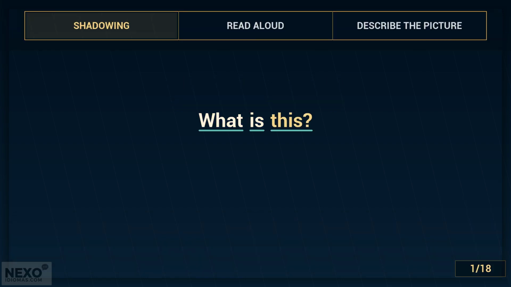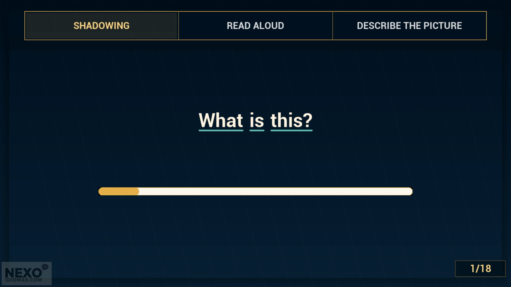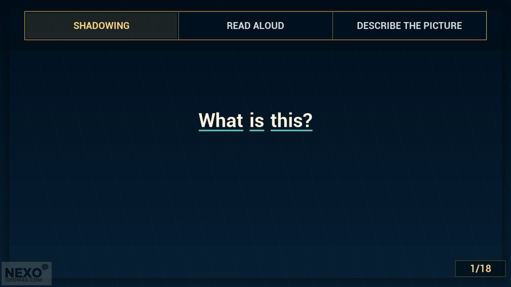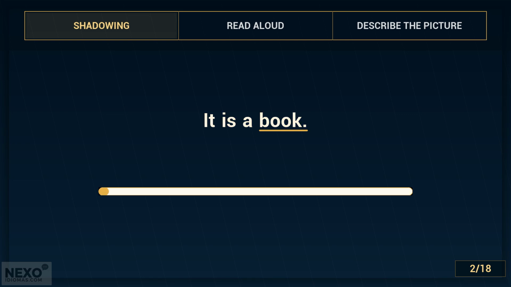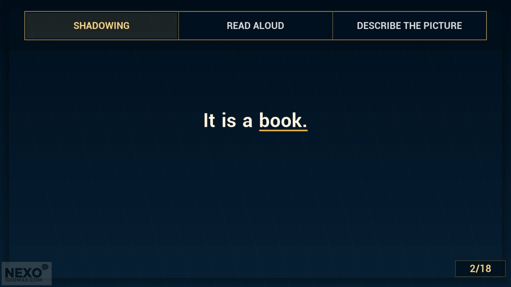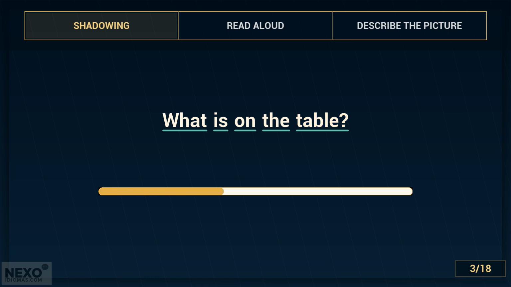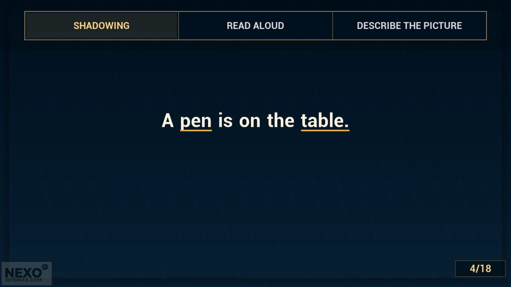What is this? It is a book. What is on the table? A pen is on the table.